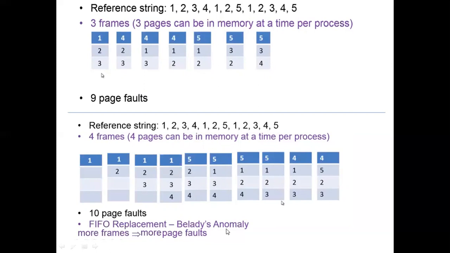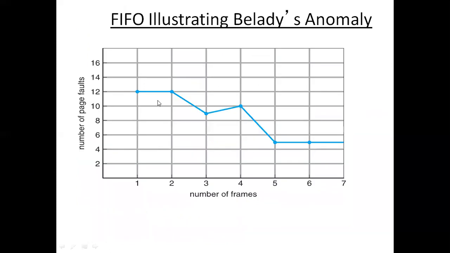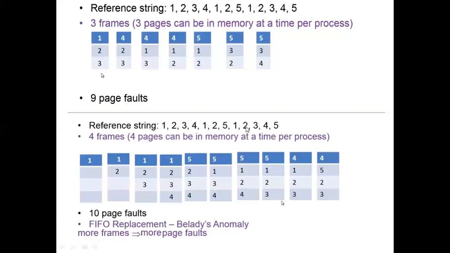Now for this sequence, if we plot a graph, you will see it doesn't look like the previous curve going down. There will be 12 page faults for 1 frame and 2 frames, naturally, because there are 12 references and every time there would be a page fault.